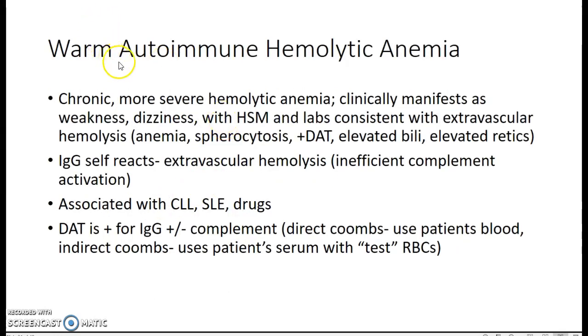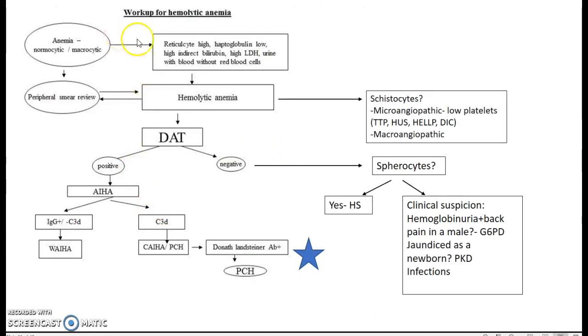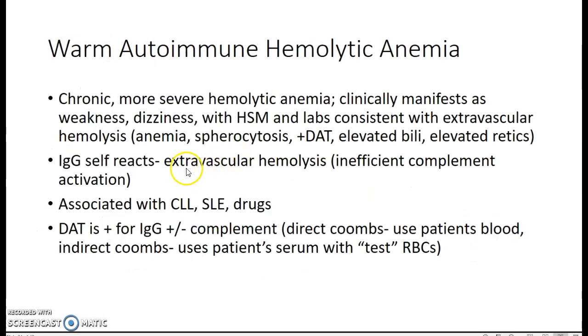So, WAIHA, warm autoimmune, that is going to be looking at this chain: positive DAT, IgG, plus or minus complement. It's going to be a more severe hemolytic anemia. It's going to be chronic. People can feel very weak.